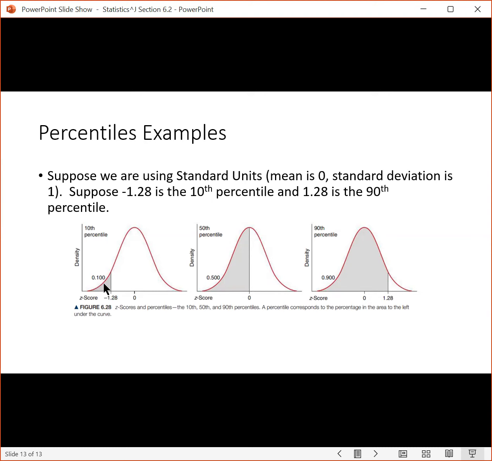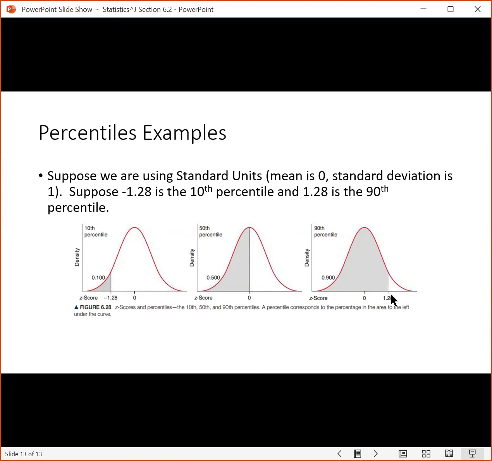Hopefully that adds up. Okay, and so the 10th percentile is going to be the area under the curve that separates the bottom 10% from the top 90%. And then the mean here, if you're using standard units, is always going to be at 0. That separates the bottom 50% from the top 50%, and so that's the 50th percentile.